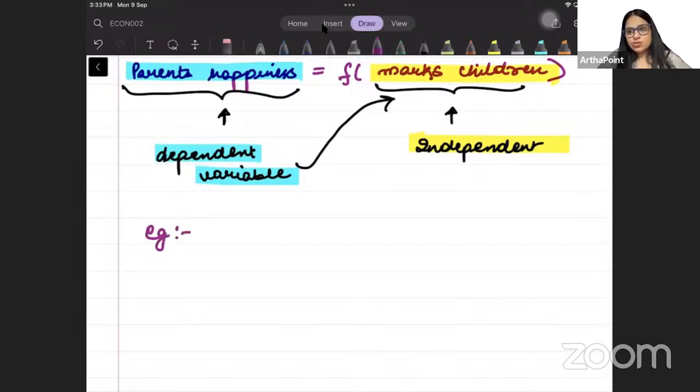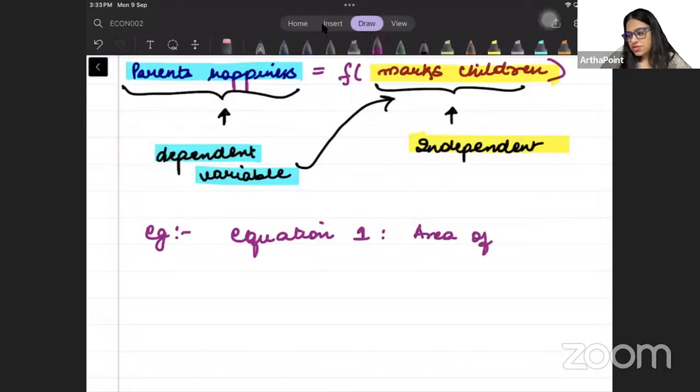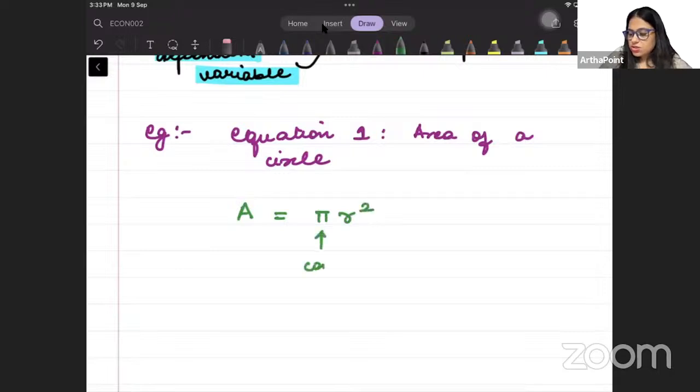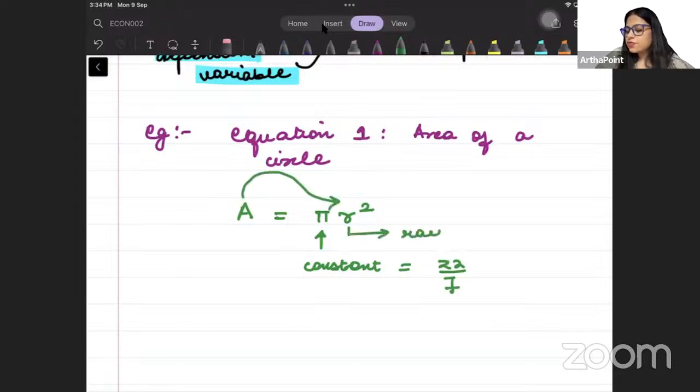सिमिलरली बेटा, हम कुछ इक्वेशन देखते हैं. सो इक्वेशन नंबर 1, एरिया ऑफ अ सर्कल. अब एरिया ऑफ सर्कल क्या होता है? इट इज इक्वल टू पाई आर स्क्वायर. बेटा पाई इज अ कांस्टेंट. पाई का वैल्यू होता है 22/7. सो एरिया किस पे डिपेंड करता है? ऑन आर. व्हाट इज आर? आर इज रेडियस ऑफ द सर्कल.